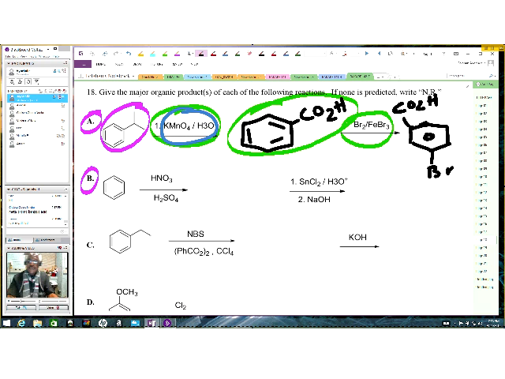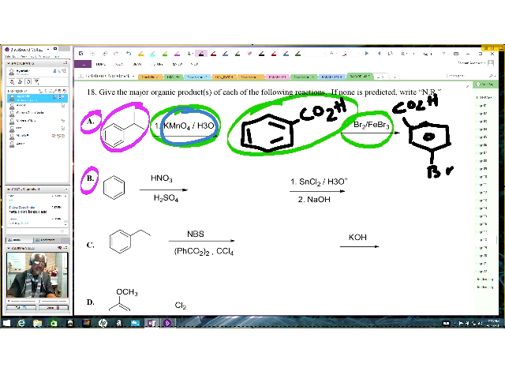Metabromobenzoic acid. Very good. In other words, the carboxyl group is a meta director, which is to say that any incoming group is directed to the meta position of the molecule. Very good. Now let us go to B.